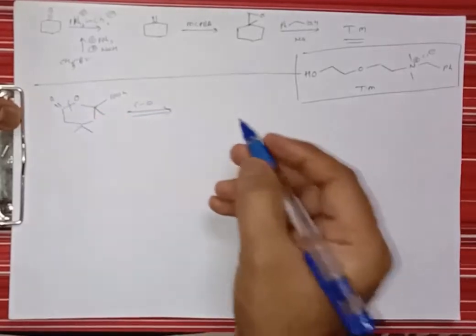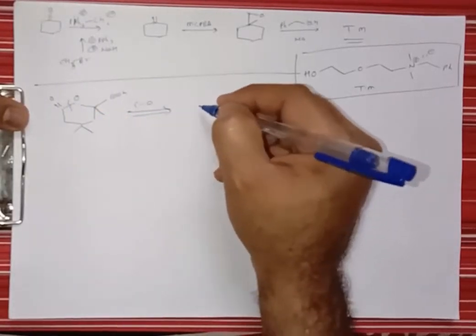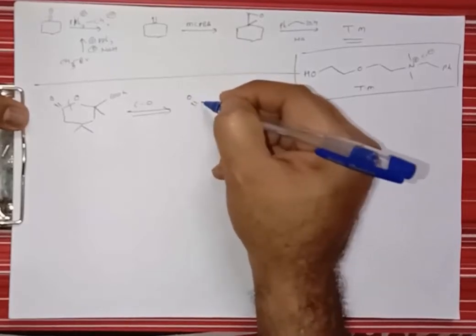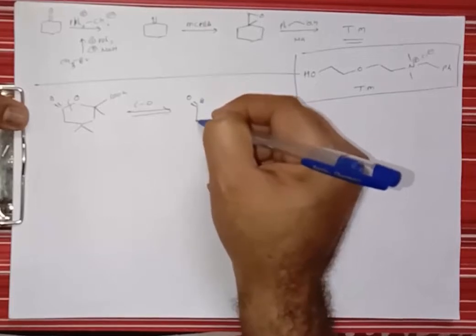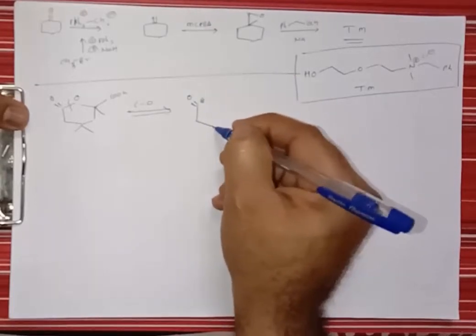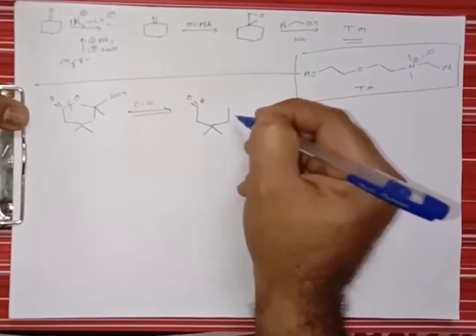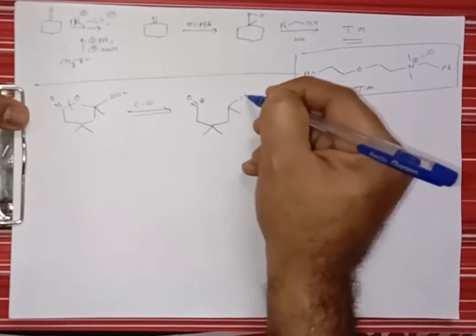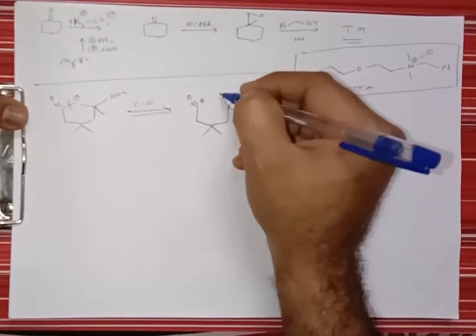We can break this C-O bond, and by breaking this C-O bond, what does it give? It gives a carbonyl containing a positive charge, then CH2, CH2, here is CH3, CH2, again CH2, CH3, COOH, and here is O minus, right?